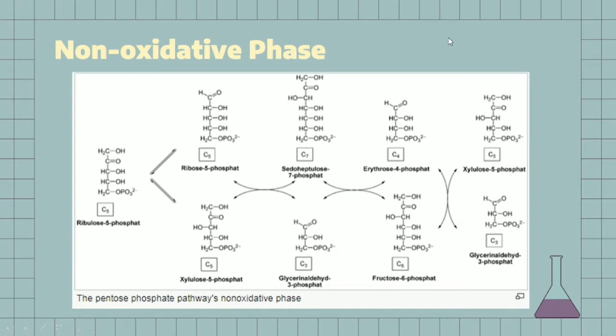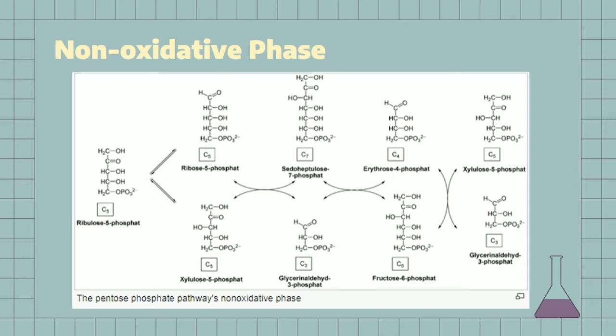In the second process, we will take in again the ribose 5 phosphate and the xylulose 5 phosphate. This process will use the transketolase enzyme, which requires a cofactor called thiamine pyrophosphate. What the transketolase enzyme does is take two carbon groups from the xylulose 5 phosphate and transfer them to the ribose 5 phosphate, so that the ribose 5 phosphate is extended by two carbon groups, and that is now what we call the sedoheptulose 7 phosphate.